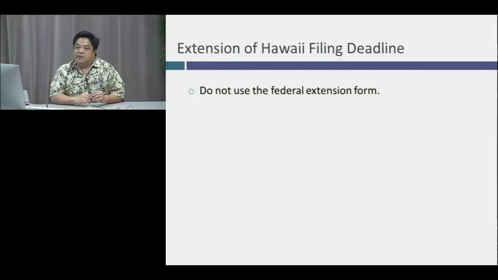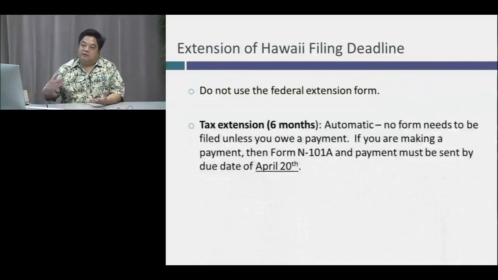As far as the extension, which means you can file a paper called extension, I need more time, you cannot use the federal extension. There's a state extension, a state form. So you need to file N101A to request more time, which is what we call extension. And it will give you 6 months. But when you ask for more time, you need to pay with the extension.